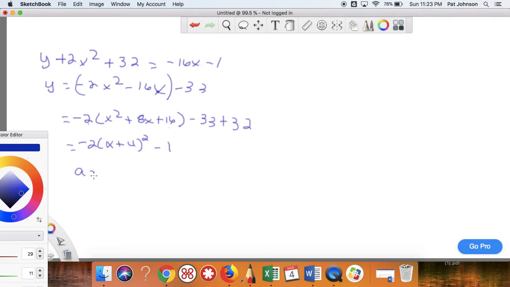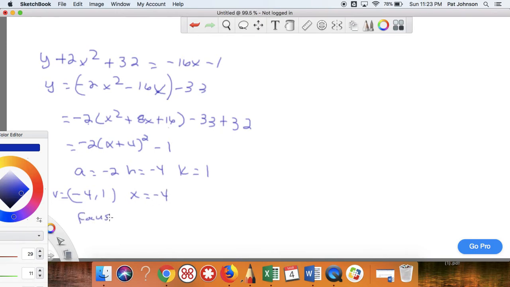So I can say a is -2, h is -4, because it opens up-down, k equals 1. So my vertex is (h, k), negative 4, comma 1. My axis is x equals negative 4. And what is my focus?